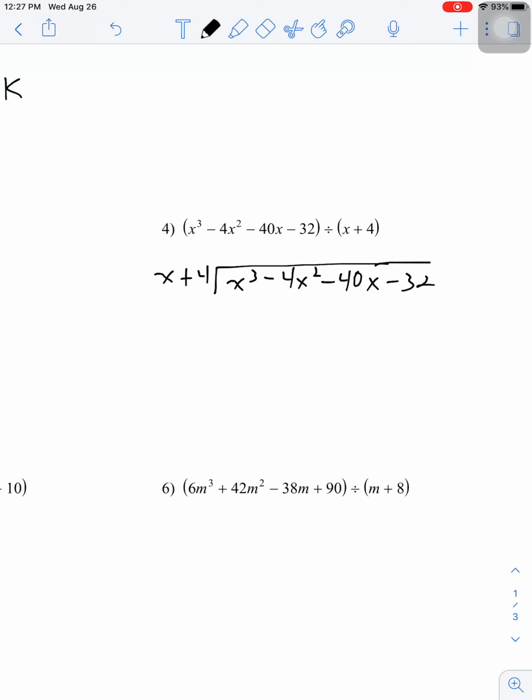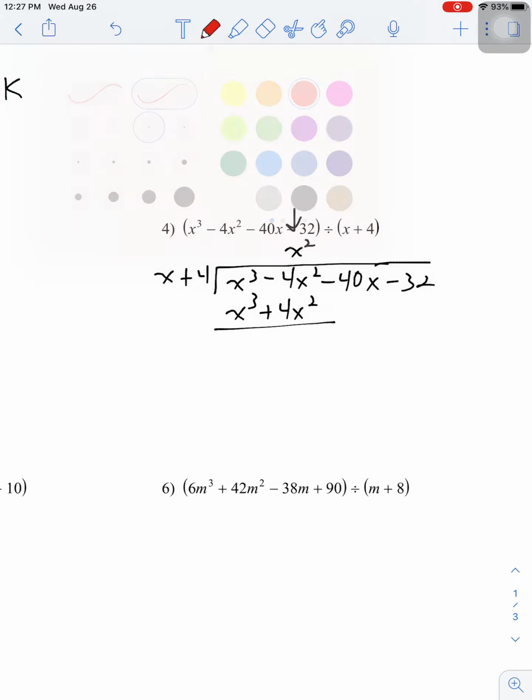And remember, like I was saying yesterday, you're going to start one term back, and then ask what times x gives you x cubed? Well, that's going to be x squared. So you have x squared times x gives you x cubed. X squared times 4 gives you a positive 4x squared.